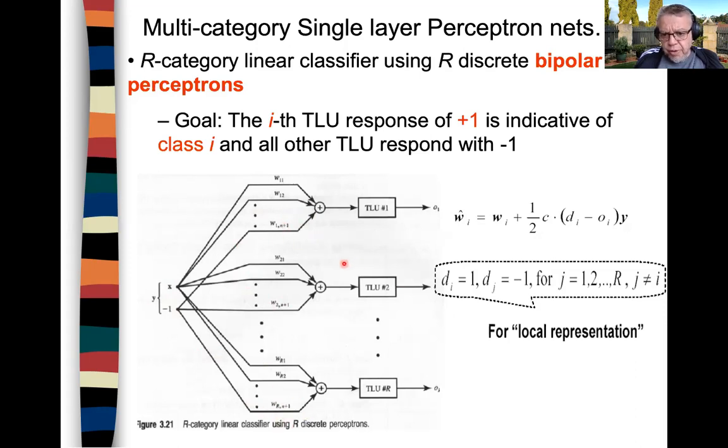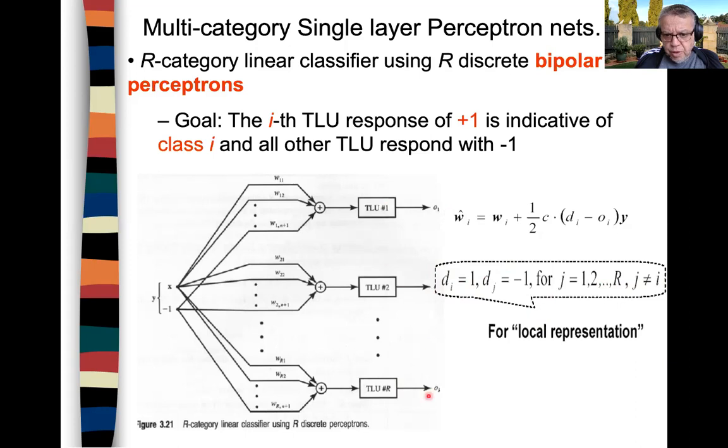And so the outputs, because we're dealing with a TLU, a threshold logic unit, are either +1 or -1. If we have a number of possible outputs, it will be 1 for just one pattern, and then -1 for all the other ones, for j equal 1 to r with j different than i.